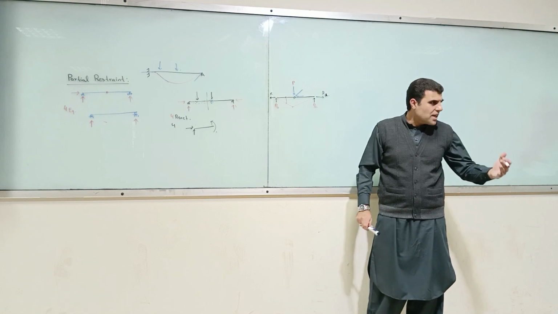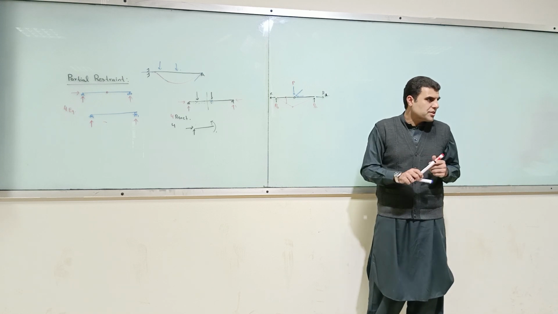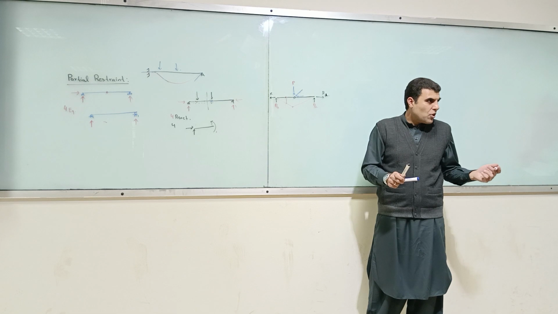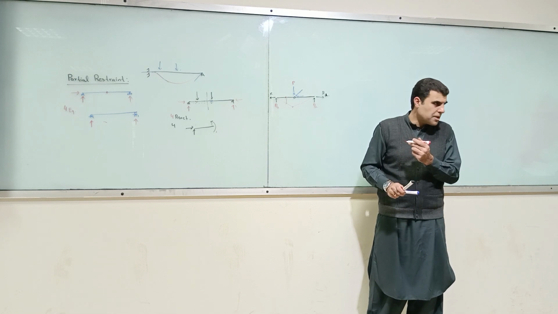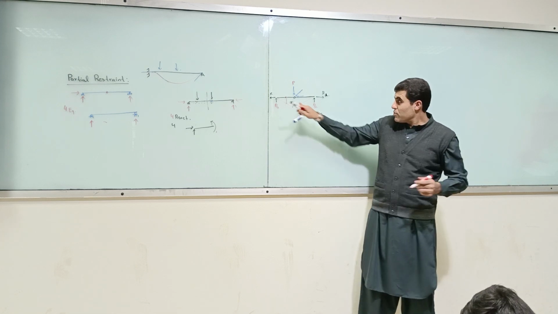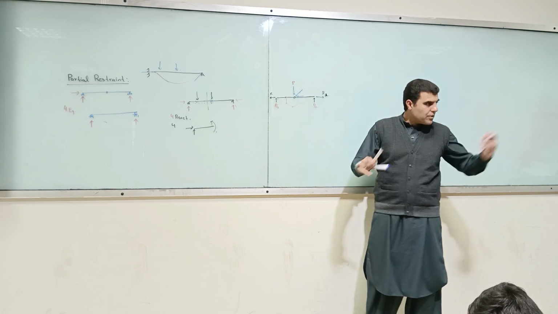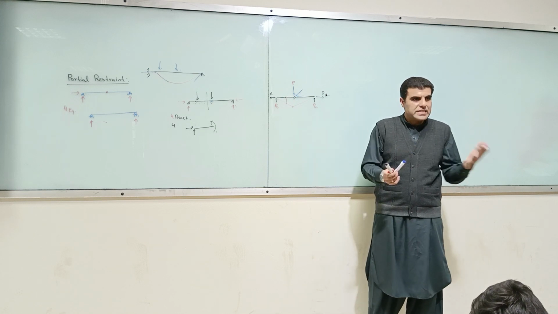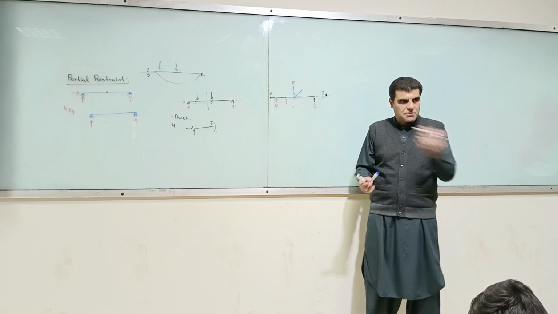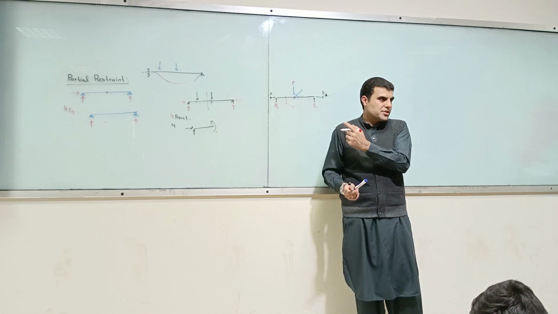So in other words, the geometry of this will change because it's like a link. This is not a small displacement problem then. It will be a finite displacement. Normally when we talk about structures, we say that it is a small displacement, but its geometry will change.